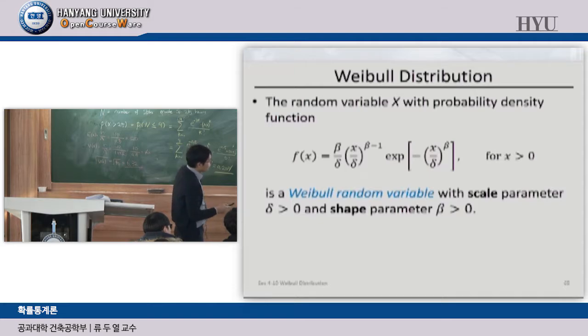So the probability density function of a Weibull random variable f(x) is equal to beta over delta times (x over delta) to the beta minus 1 power times exponential of minus (x over delta) to the beta power. Okay? So this is quite a complicated equation.